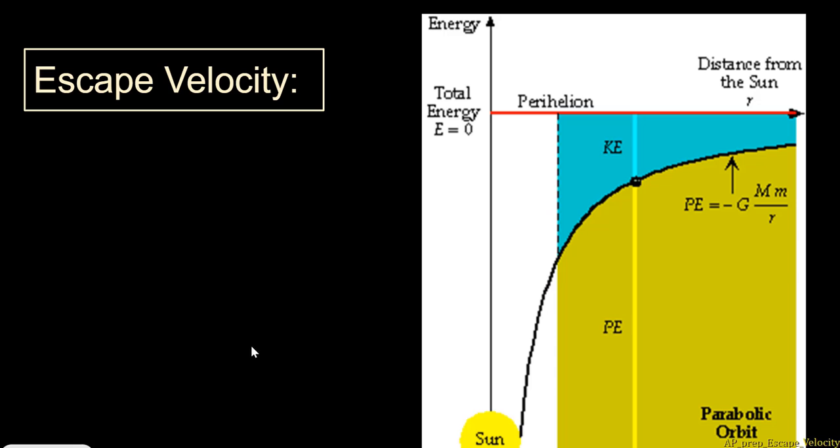Okay, so just for a quick visual and a reminder, pretend like that total energy line is not there. Pretend like this is the Earth. If you throw a ball up with one speed, it'll come back down. A little bit faster, it'll go higher, and it'll come back down.